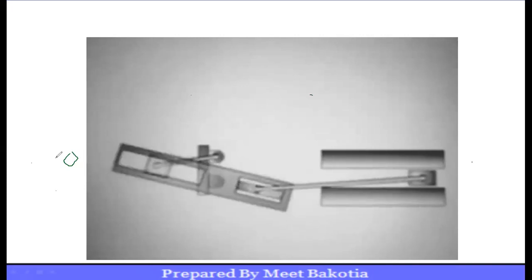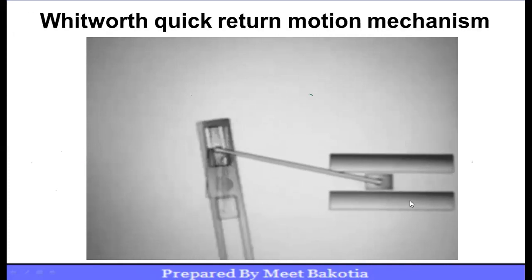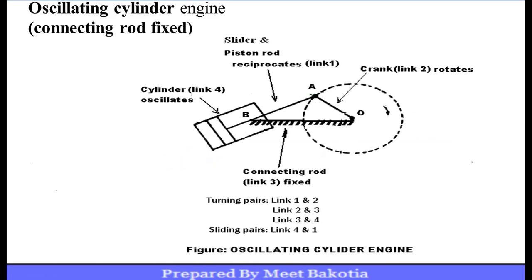So this was one of the quick return motion mechanisms, which is also called the Whitworth quick return motion mechanism. Let us move to another mechanism, which is the oscillating cylinder engine mechanism. This mechanism is used to convert the reciprocating motion into the rotary motion.